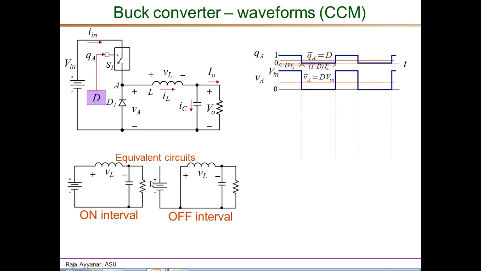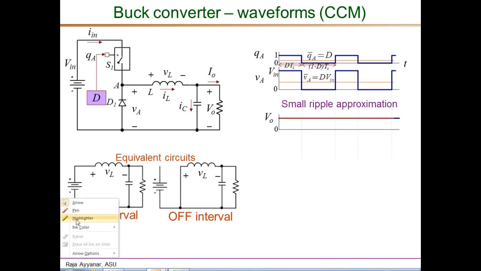So instead what we will be using is this concept of small ripple approximation that we studied in a previous video, which essentially says that for the purpose of different analysis, we will be assuming that the instantaneous capacitor voltage, which is this voltage here, is equal to its DC value.